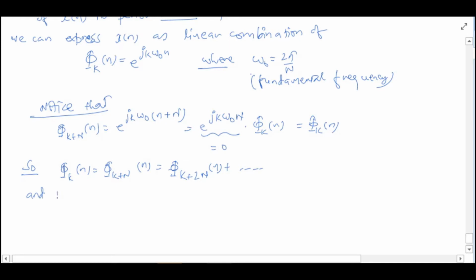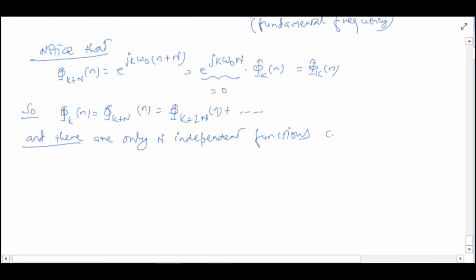So there are only capital N independent functions, namely phi 0[n] through phi N minus 1[n].